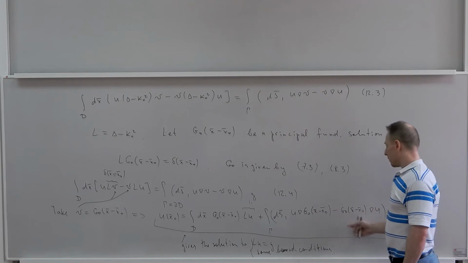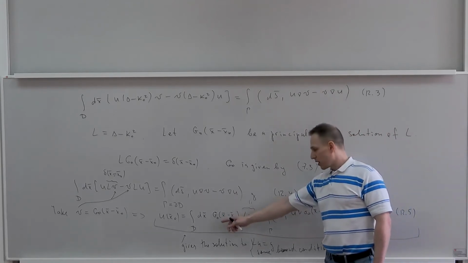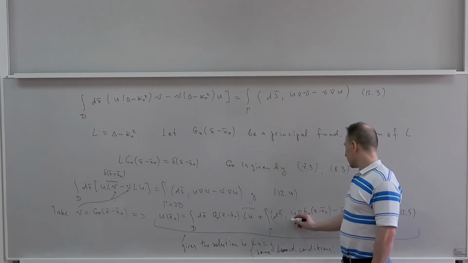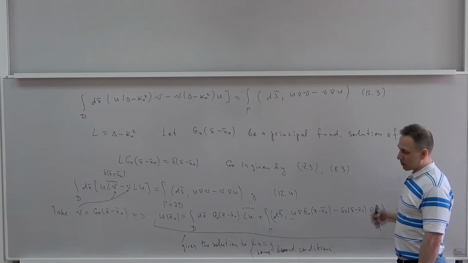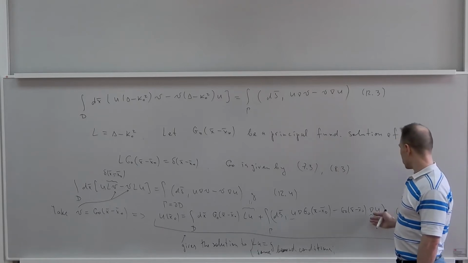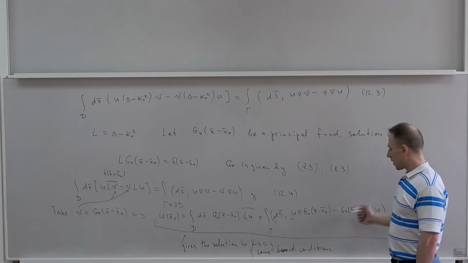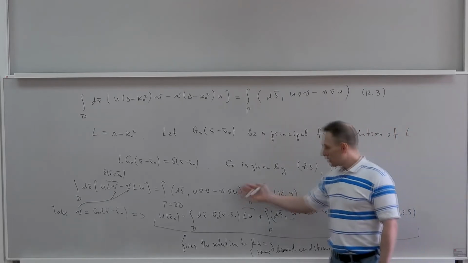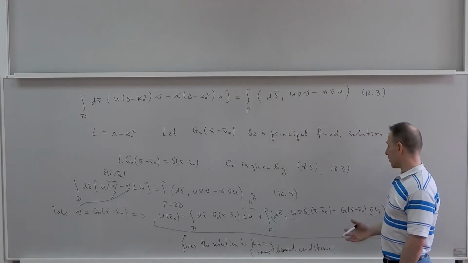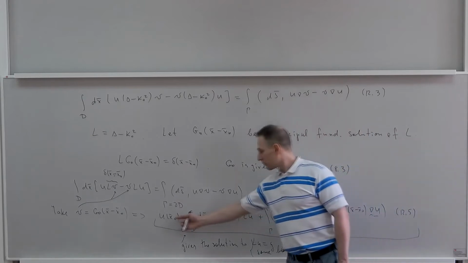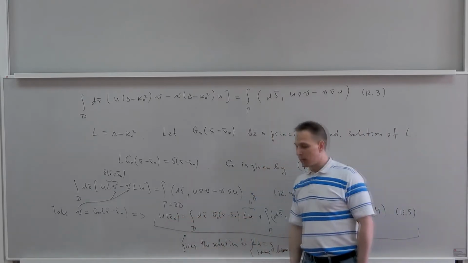And here we have some integral over the boundary of the domain D, and the values of the function and its derivative are also assumed to be known on the boundary, and these functions, the gradient of the function G0, are also known. So the right-hand side of this equation is known, and by evaluating the integral we can find the function at an arbitrary point x0 which belongs to the domain D.